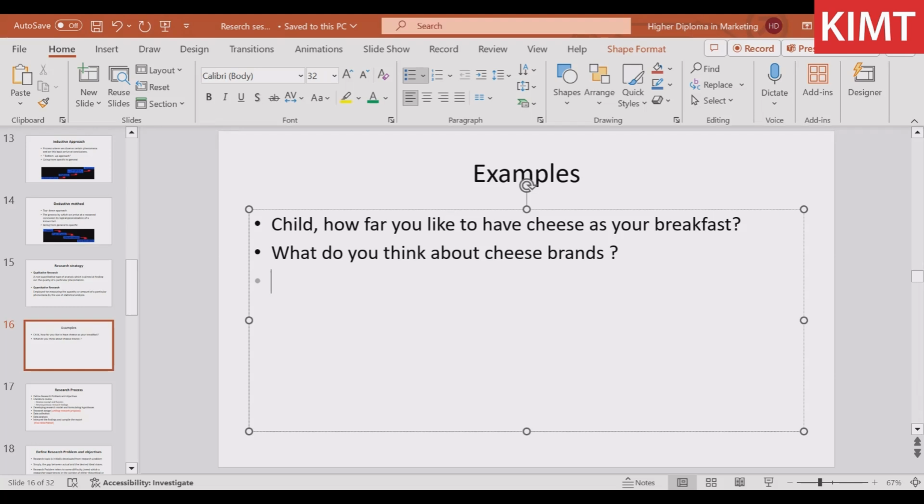Now, which research gives you more insights, quantitative or qualitative? I would say quantitative. But actually not. In quantitative, respondents are restricted to given answers.